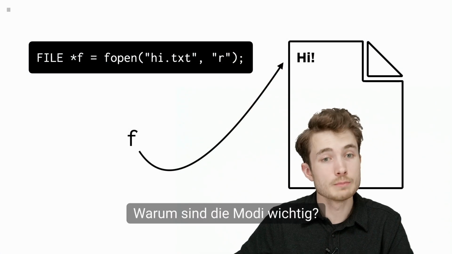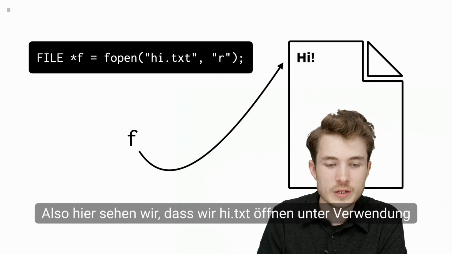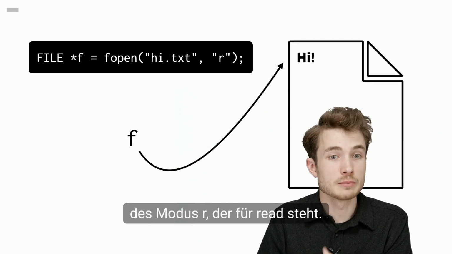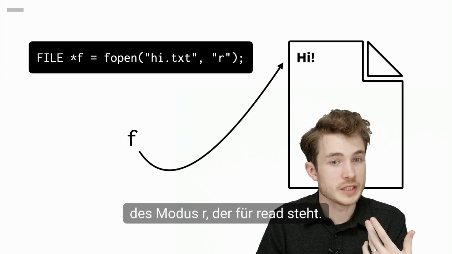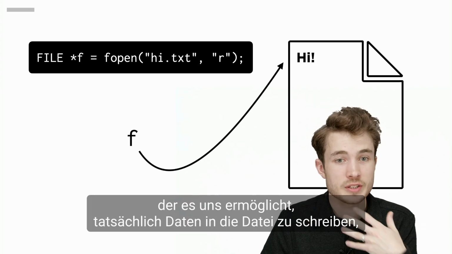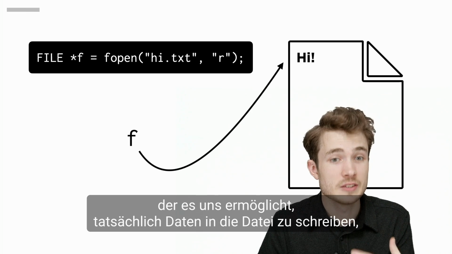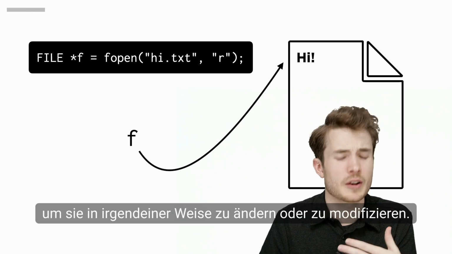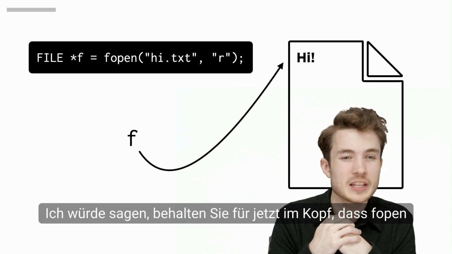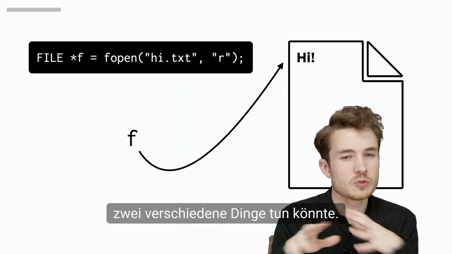A question: why do the modes matter? That's a great question. So here we see we're going to open hi.txt using the mode r, which stands for read. There's also the mode w, which stands for write, which allows us to actually write some data into the file, to change or modify it in some way. I would say for now, just keep in mind that fopen might do two different things.